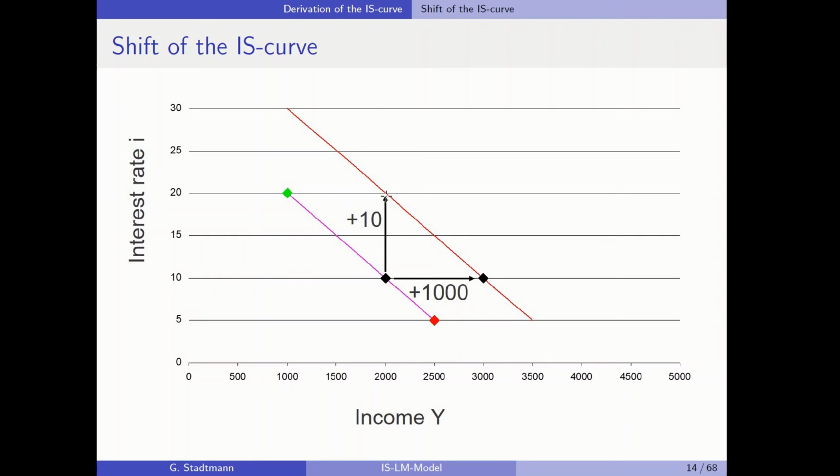So the next few slides will be very, very important. You are to some extent already familiar with this kind of topic, that we want to derive how much the IS curve shifts to the right or to the left, and how much the IS curve shifts upwards or downwards, like we want to determine the vertical and the horizontal shift of the IS curve.